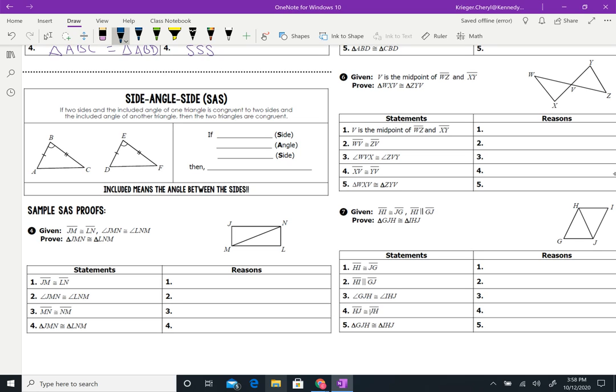So if side length AB is congruent to side length DE, and angle B is congruent to angle E, so the angle B and E have the same angle measure, and our third side BC is congruent to EF, then we get to say triangle ABC is congruent to triangle DEF.